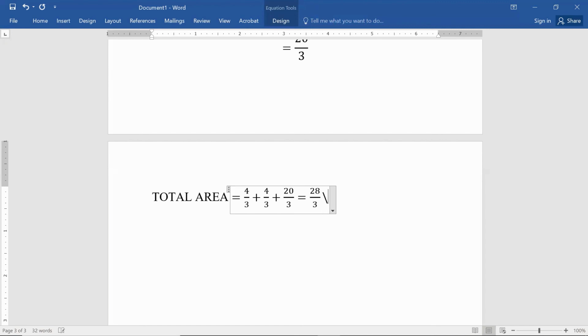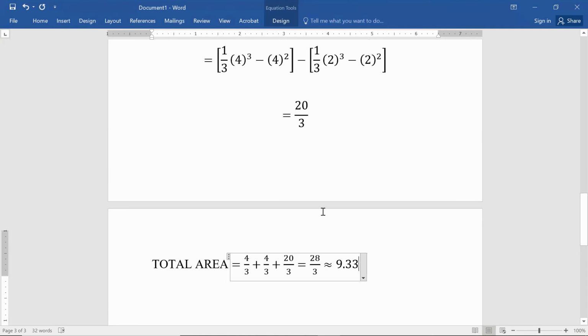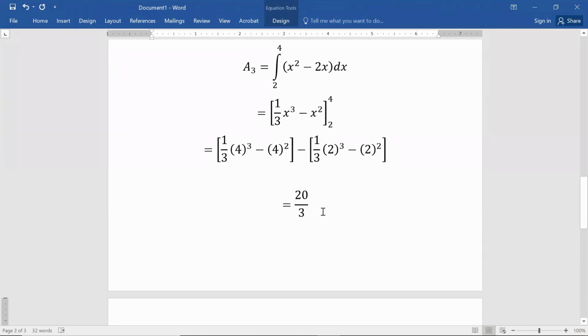You can also approximate that by rounding it to a couple of decimals, which is 9.33. So lots of different ways to write that: 28/3, 9 1/3, or rounding it would give you 9.33. So there you go. That's how we do problems like these.